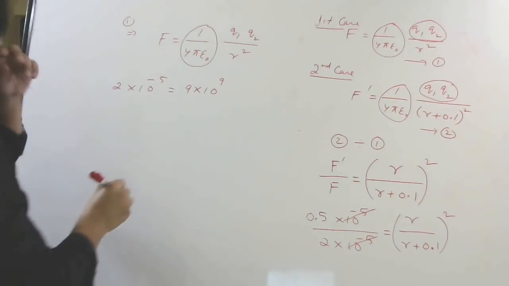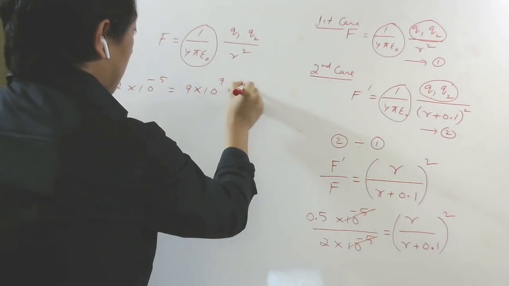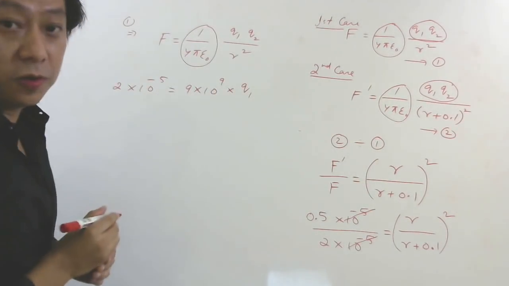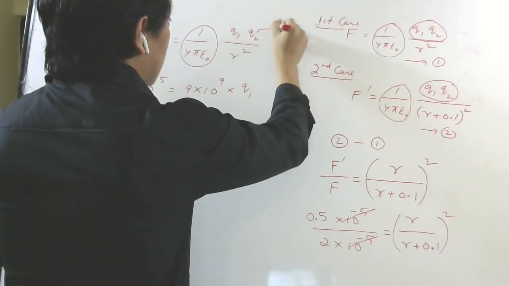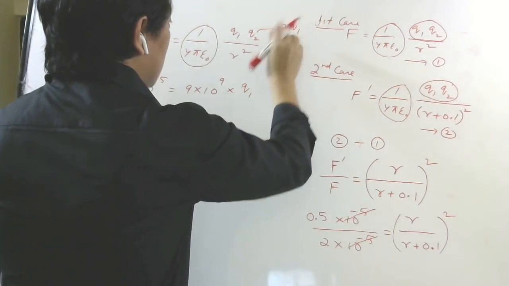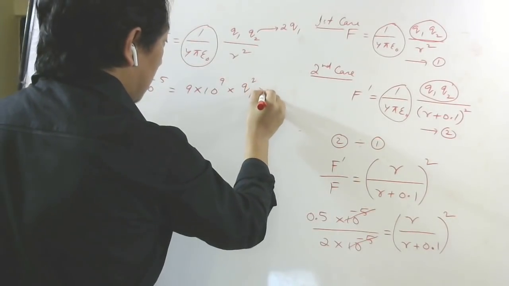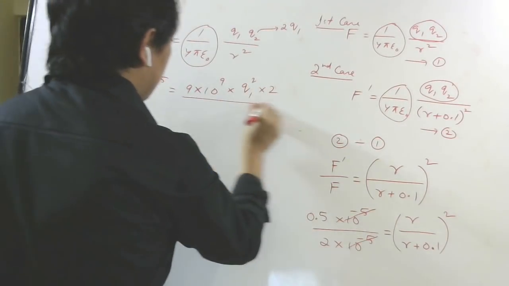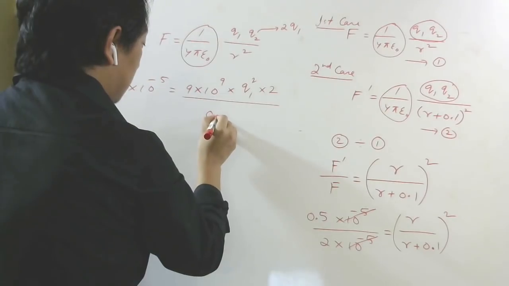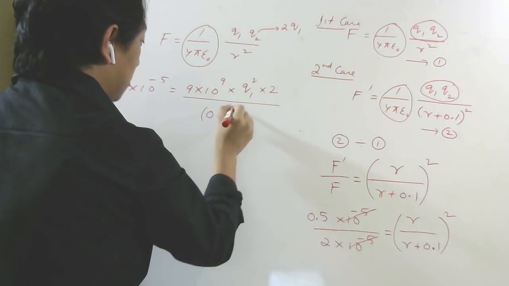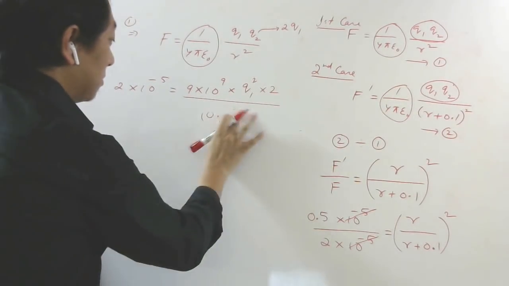Right? Okay. Q1 we don't know. Q2 also we don't know, but we know Q2 is given to be twice of Q1. So if you put here 2Q1, this will become Q1 square into 2, divided by R is how much? 0.1 whole square, which will become 0.01.